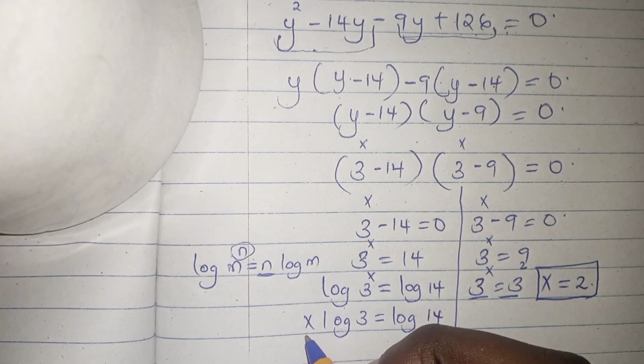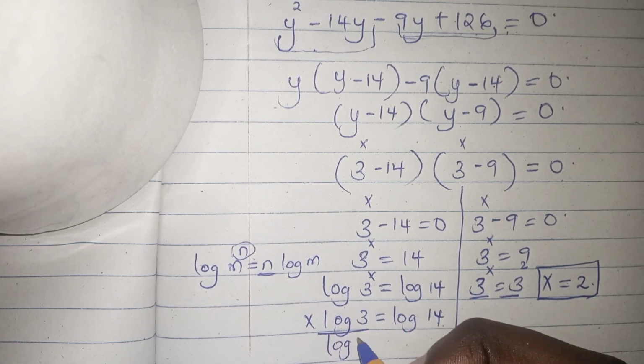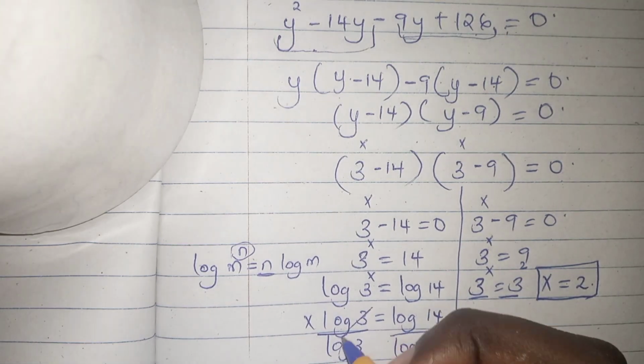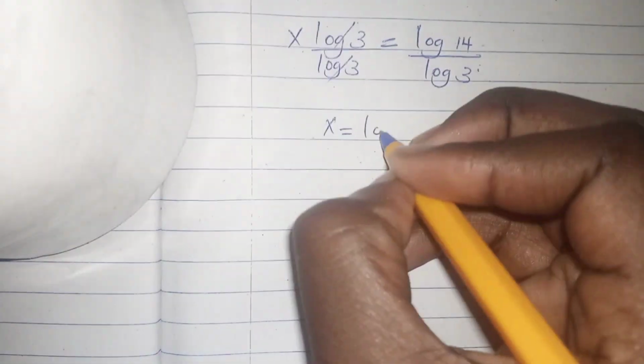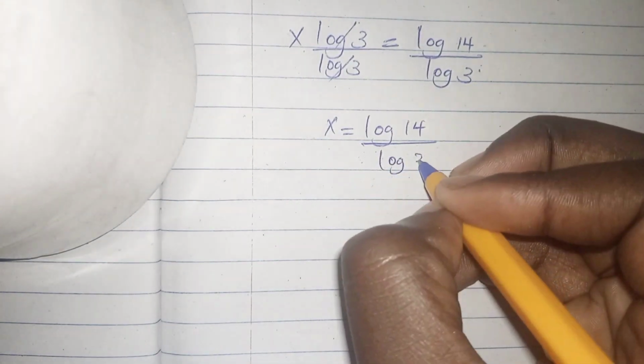Remember, we are solving for x. So we shall now make our x the subject by dividing here by log 3 and dividing here by log 3 as well. So this and this will cancel. So x = log 14 over log 3.